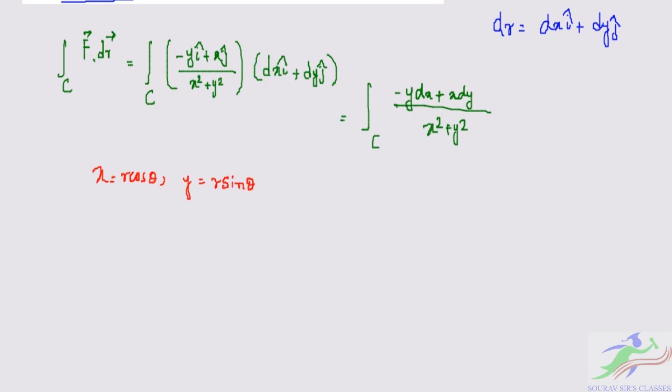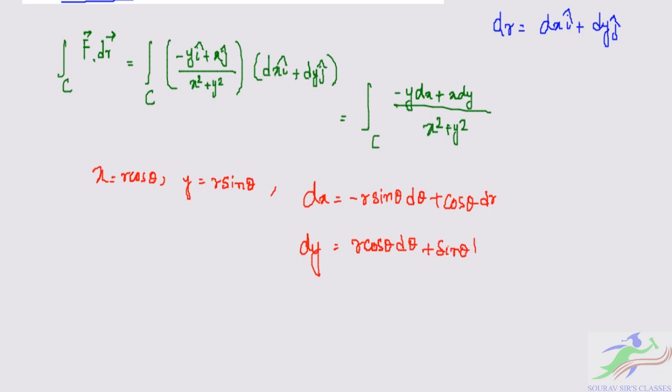Then dx is minus r sin theta d theta plus cos theta dr, and dy is r cos theta d theta plus sin theta dr.